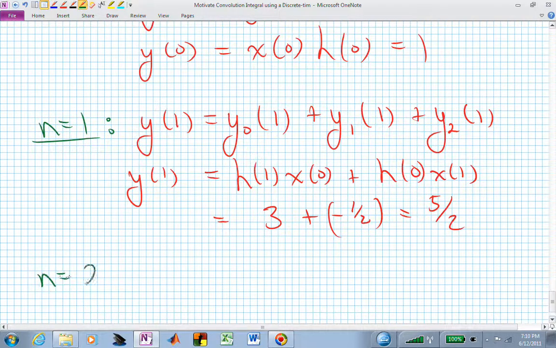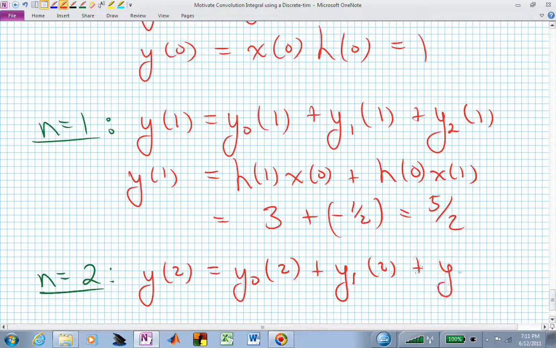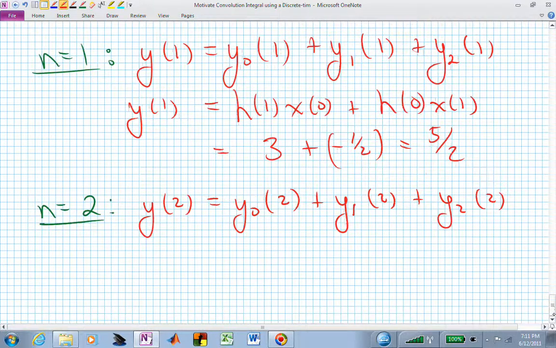Let's now look at the next time index, n equal 2. This is now going to be y at time 2, which is the first piece, second piece, and the third piece, all at n equal 2. The first piece is really the response due to an input applied at time 0, where the pulse is now 2 units delayed, or this is now h of 2 x of 0.